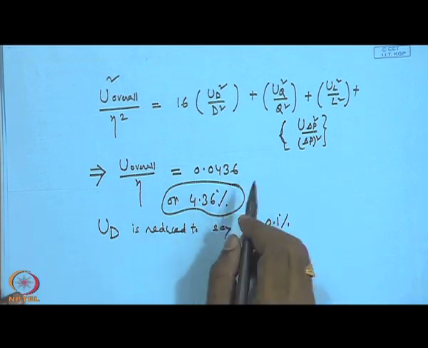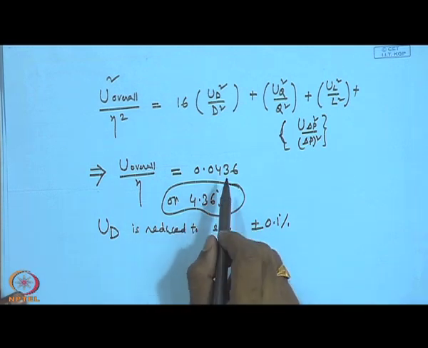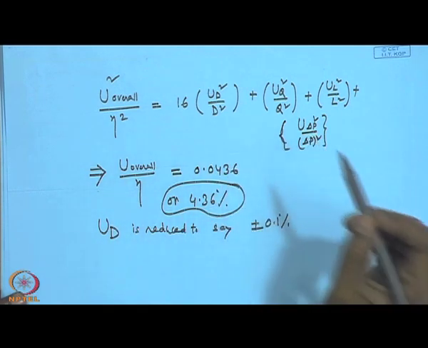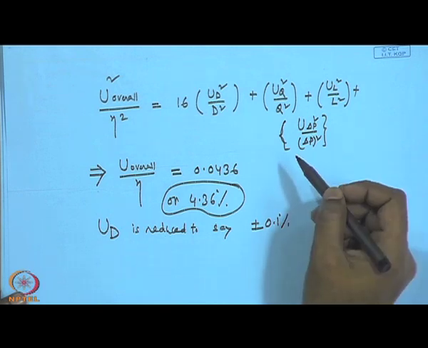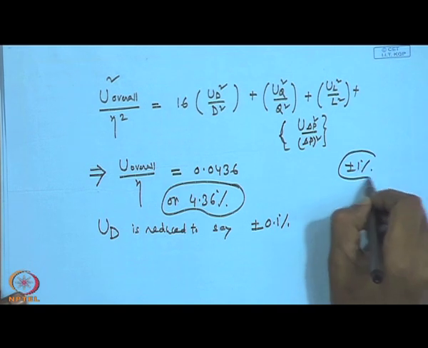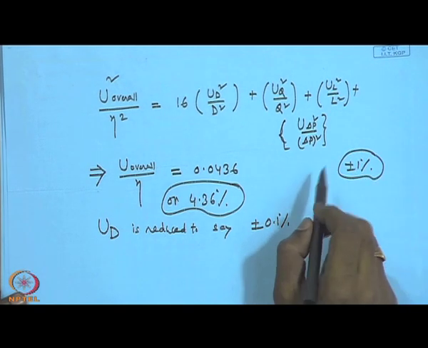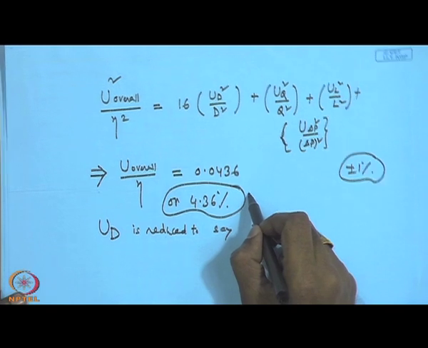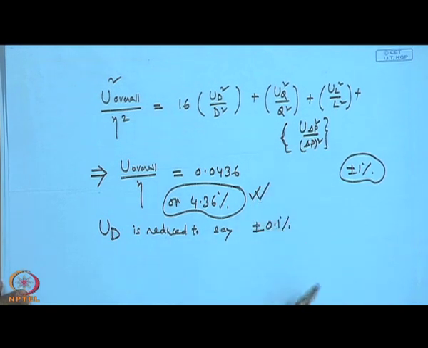First, we saw that when all the measurements of Q, D, L and delta P are available with plus minus 1% accuracy, we have the overall uncertainty as 4.36%.